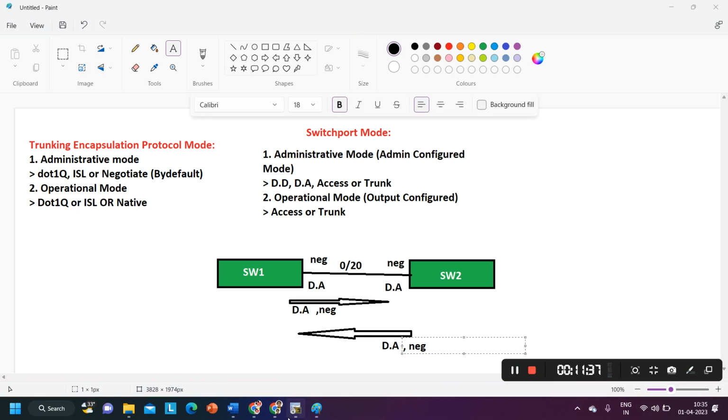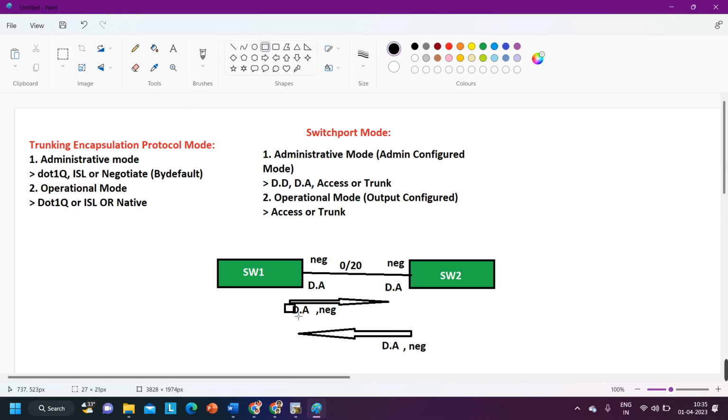Now what I am going to do is make the switch 1 port dynamic desirable. So what will happen? It will change its administrative mode in the DTP message, yes or no? Let me erase this one. If I configure dynamic desirable here, what will happen?